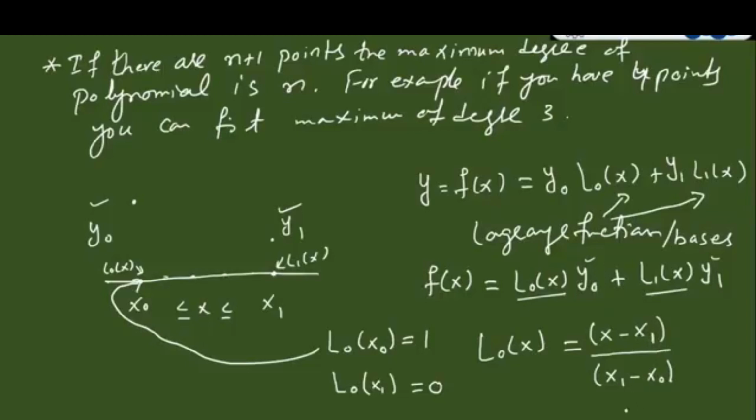And the other is defined like that, x minus x1, and then the denominator will be x1 minus x naught. I think there is still some mistake in it.